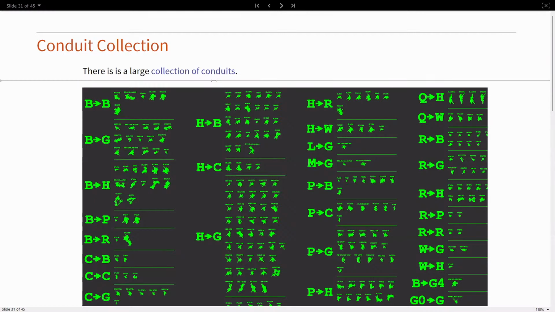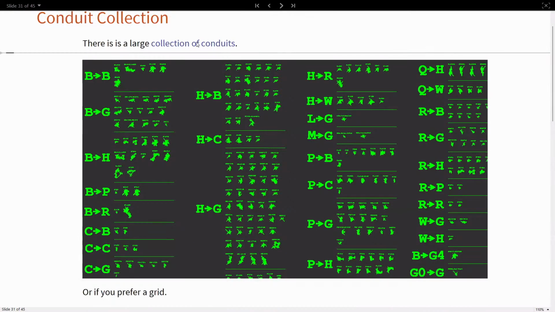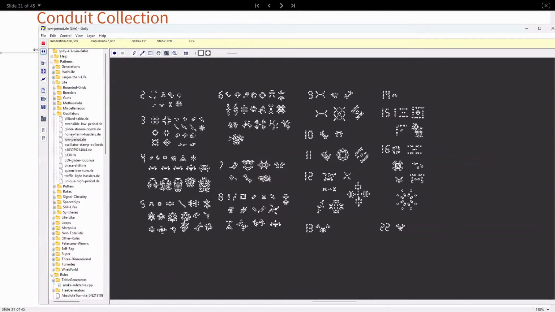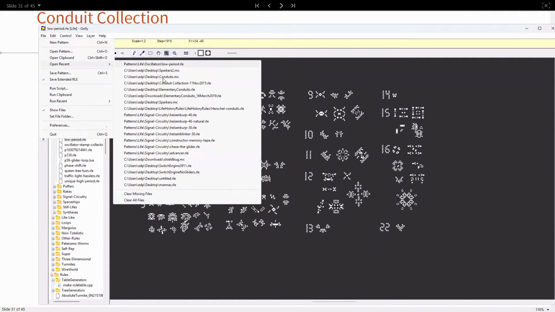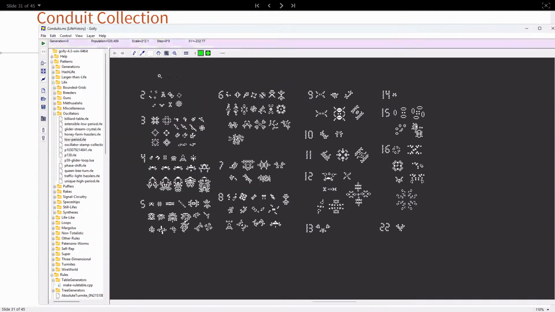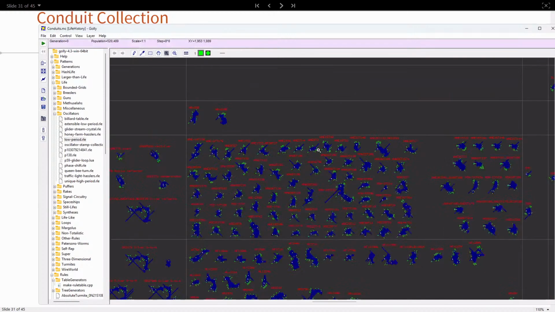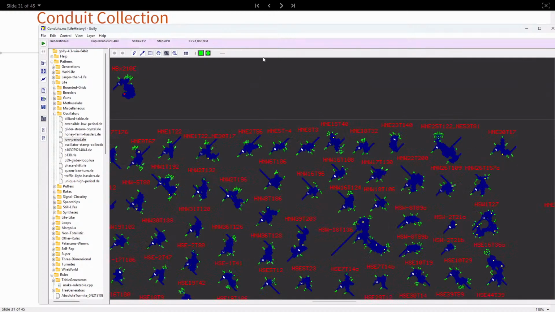So there's a large collection of conduits, and I can show some of these in Golly. Let me see this here. So here's various oscillators, and I should be able to open up conduits. So here's a whole bunch of conduits here.